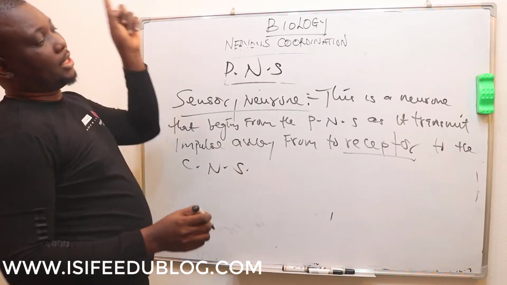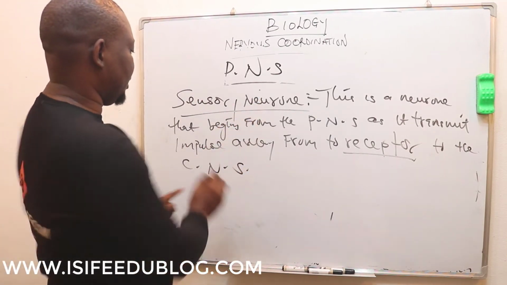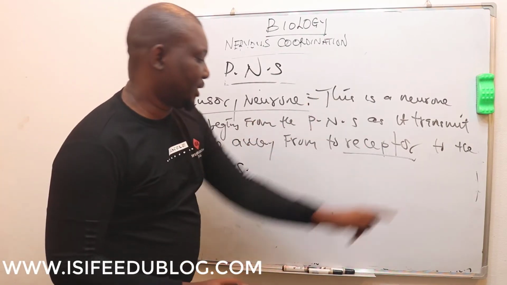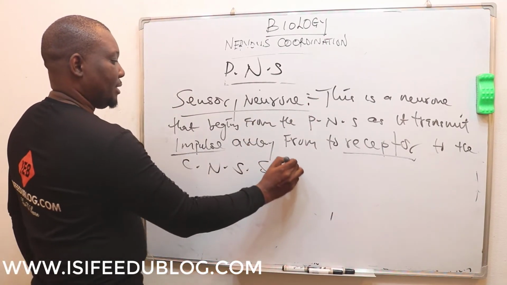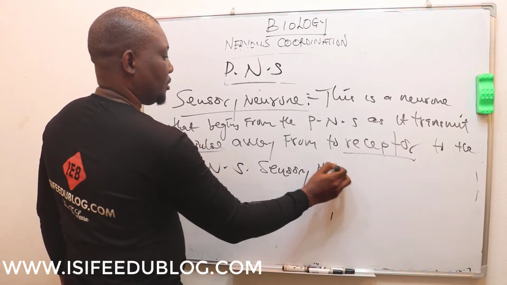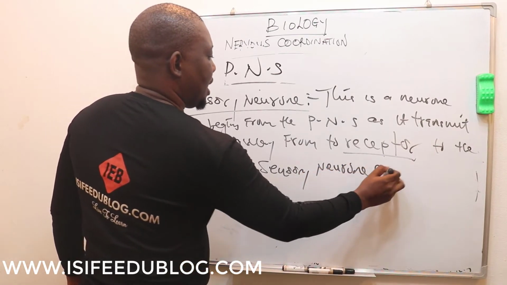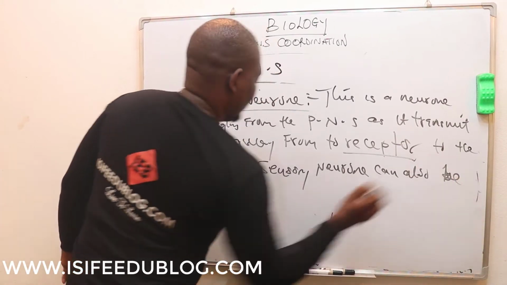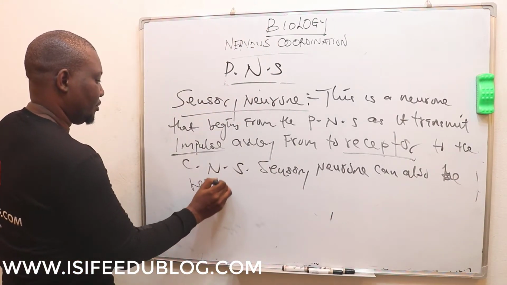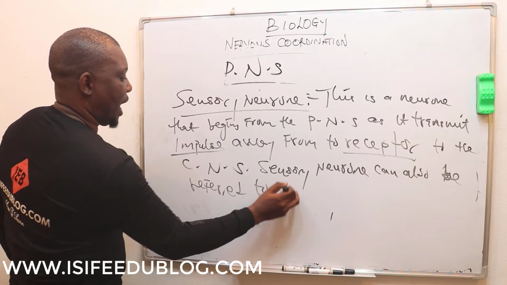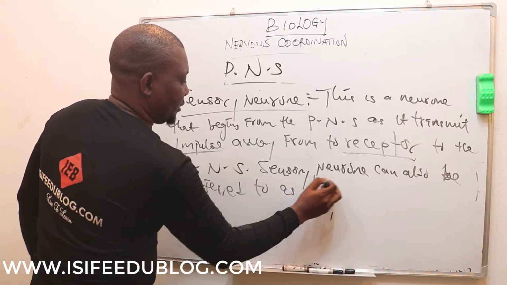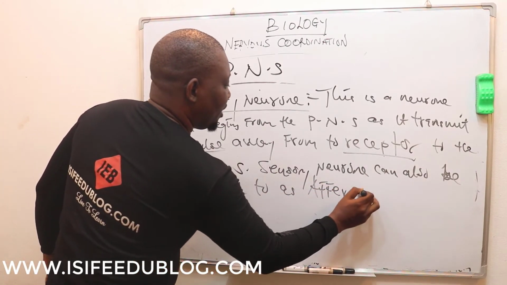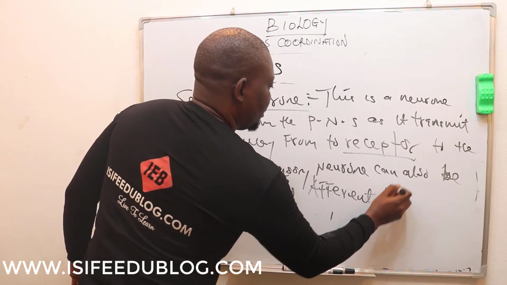Because the sensory neuron is moving impulses away from the receptor. A sensory neuron can also be referred to as an afferent neuron.